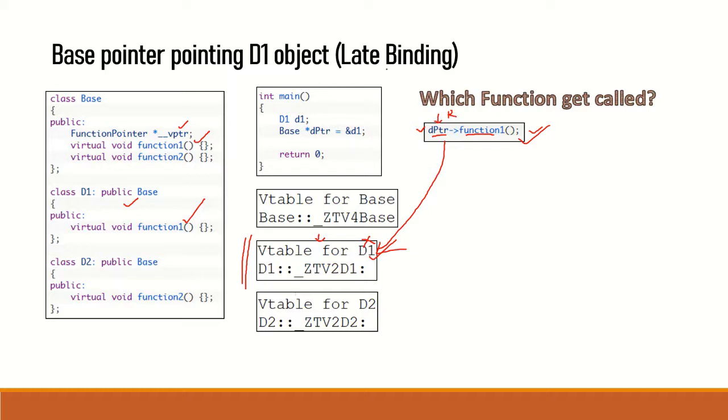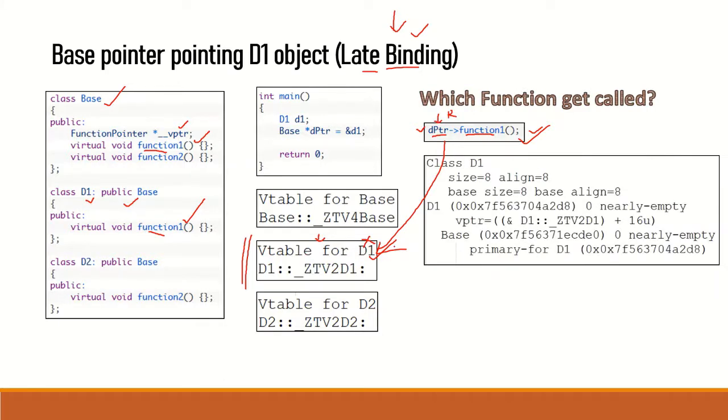And we call it late binding or runtime polymorphism. Why polymorphism? Because there are two definitions of function 1 available, one from D1 and one from base. So this is another reason it is called runtime polymorphism and late binding. Now let's see the D1 virtual table again.